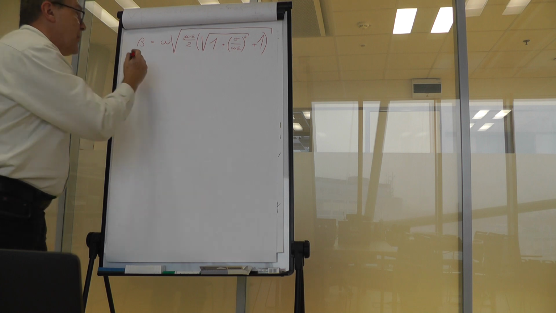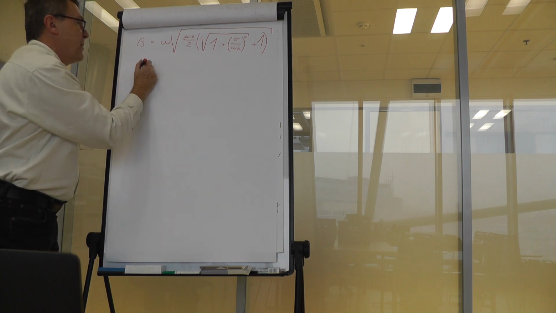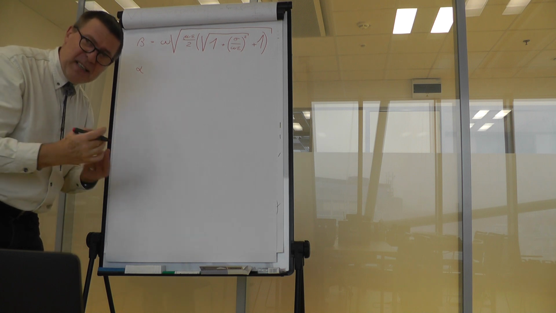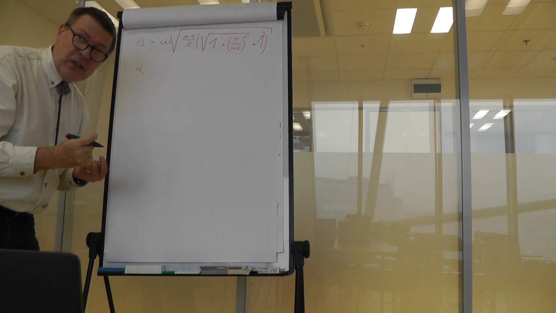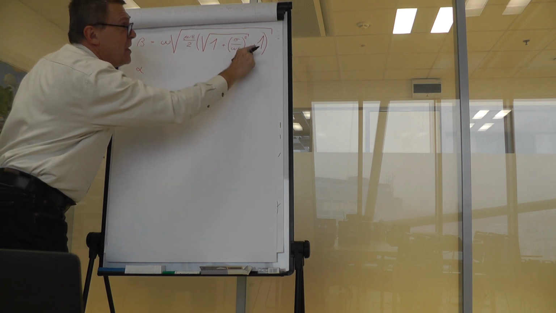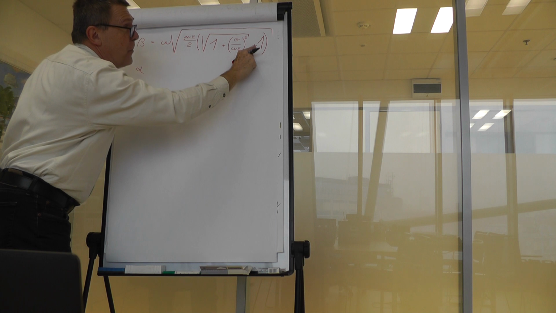Now I have to give you the alpha. Surprisingly, out of the complex arithmetics, those two equations are very, very similar. They only differ in this point where for alpha there is a minus.